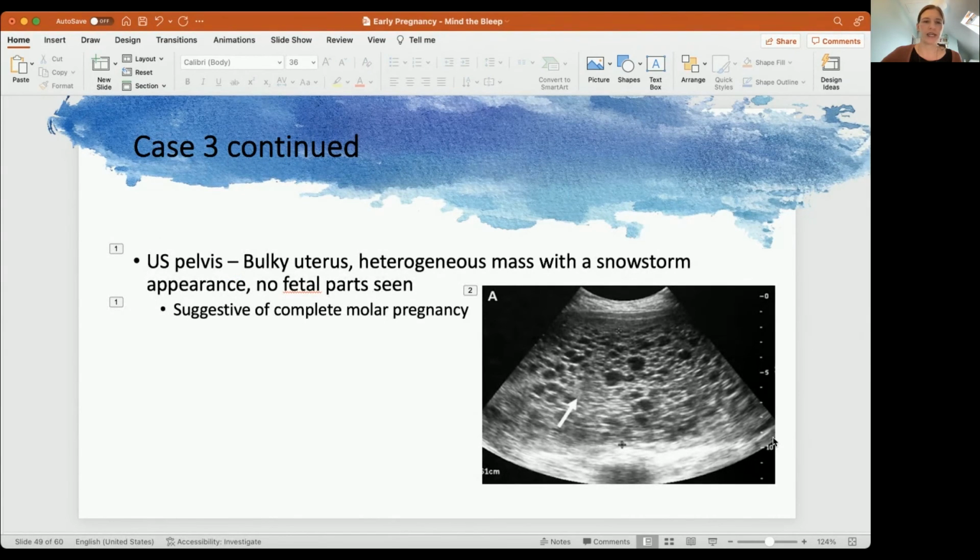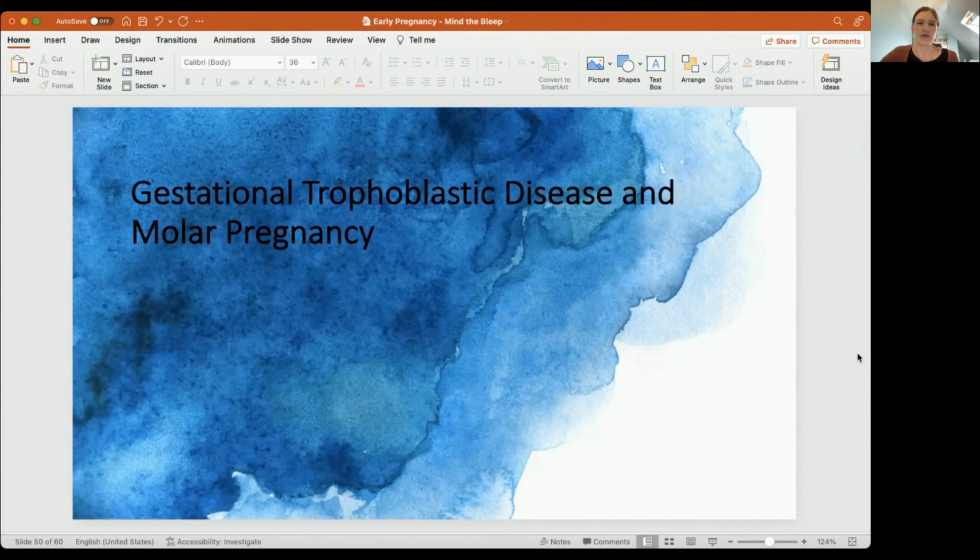So she had an ultrasound, and this is how it's described: a bulky uterus, heterogeneous mass with snowstorm appearance, no fetal parts. And this wasn't hers, obviously, but this is roughly what it looks like. So yeah, as some people suggested, it was a complete mole pregnancy.